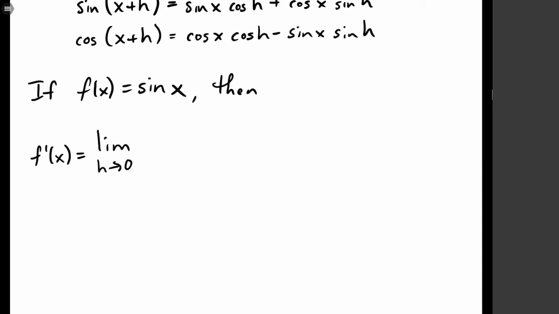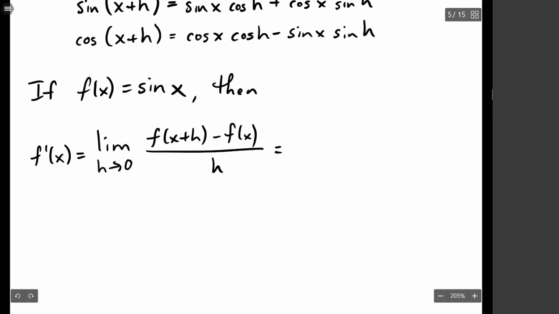We have to resort to definition. All right, so we're going to use our usual f of x plus h minus f of x over h. This is the limit as h goes to 0 of sine of x plus h minus sine of x over h.